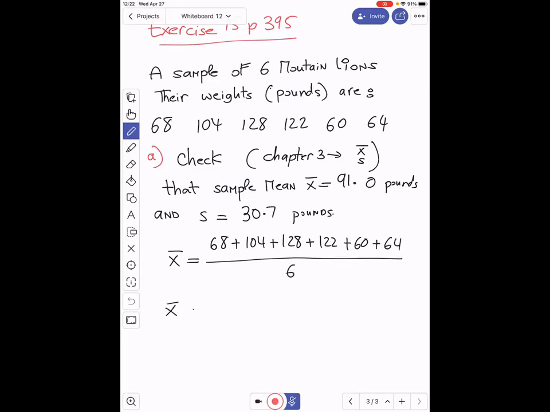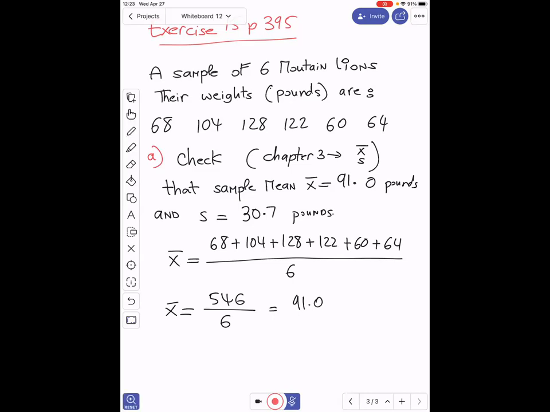The top is equal to 546, and 546 over 6 is exactly 91.0 pounds. That's how we compute the sample mean, and again, we discussed this in chapter 3.